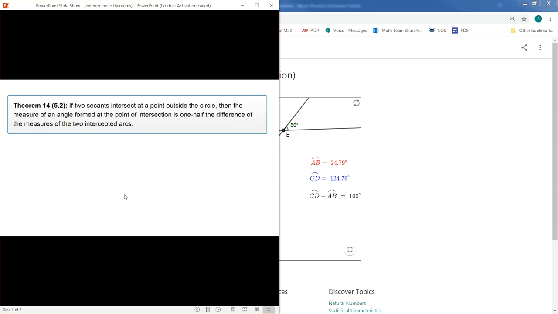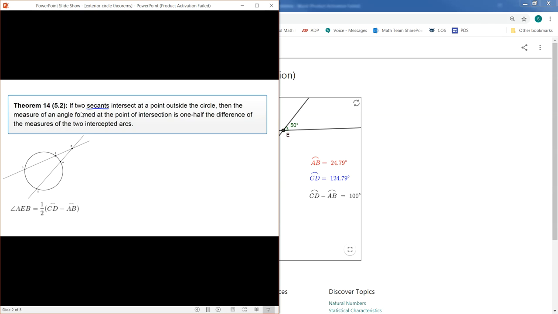It says, if two secants intersect at a point outside the circle, then the measure of an angle formed at the point of intersection is 1/2 the difference of the measures of the two intersected arcs. So this is stating the fact that we just saw, and here it is again in the picture. Angle AEB here is 1/2 the measure of the larger arc CD minus the measure of the smaller arc AB.